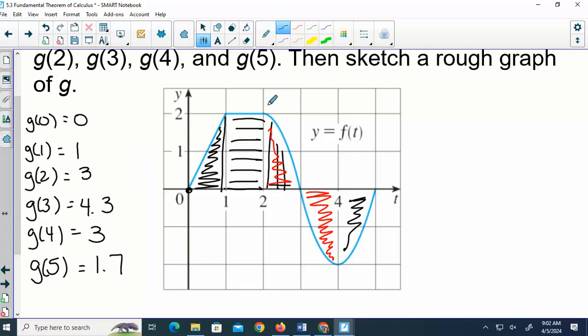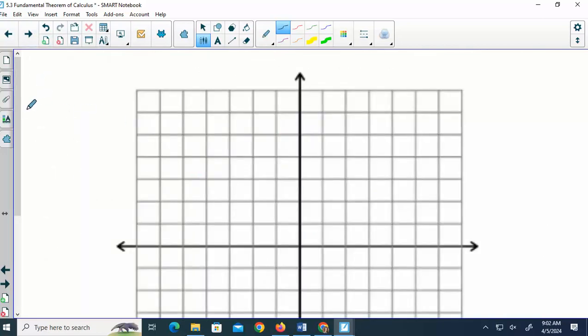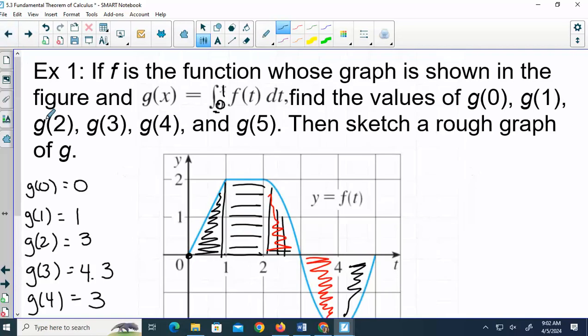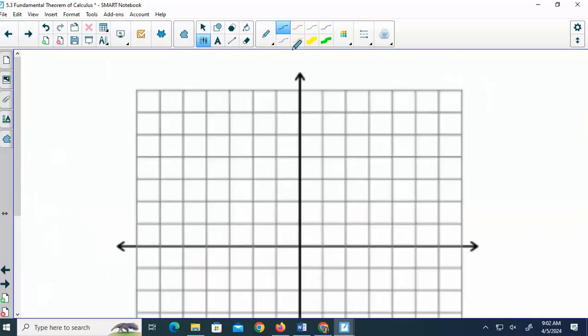So then if I wanted you to sketch a graph of G, on the next slide I gave you a blank grid. These are just like ordered pairs. First point, (0, 0). And we had (1, 1). G of 2 was 3. G of 3 was 4.3.